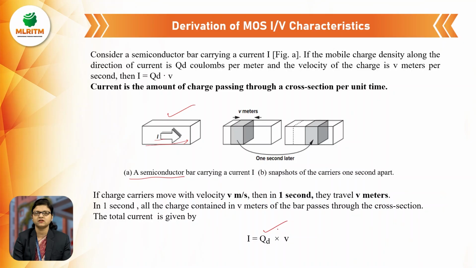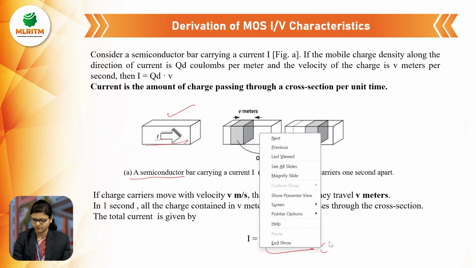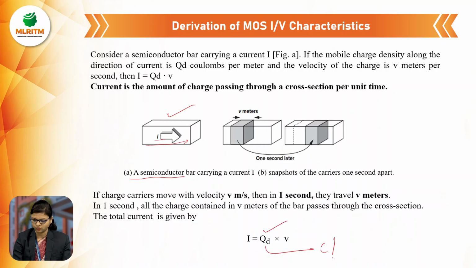So QD is nothing but the mobile charge density. The unit is coulomb per meter. And this v is the velocity of the charge, in meters per second, denoted by small v.